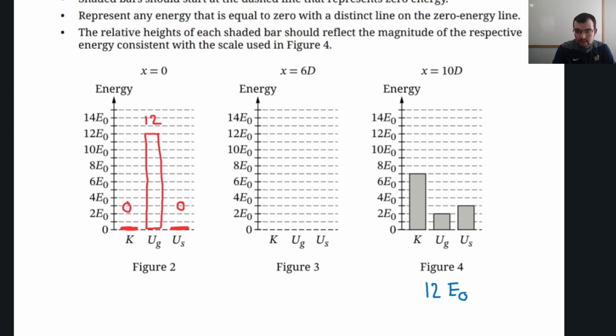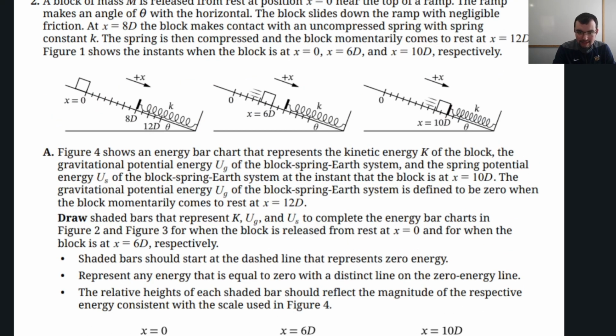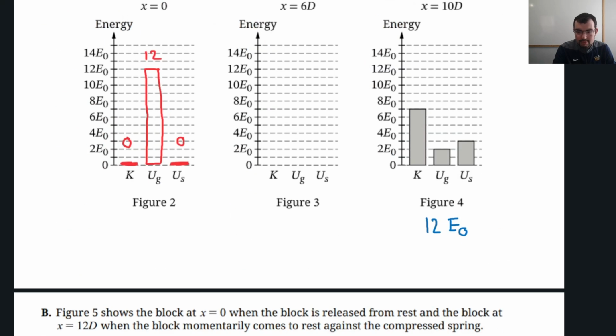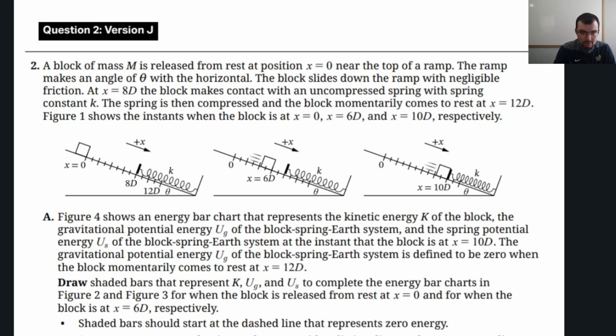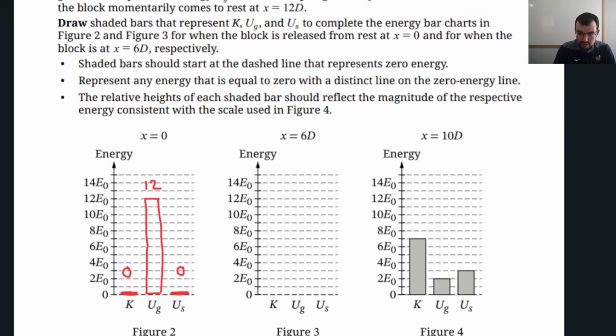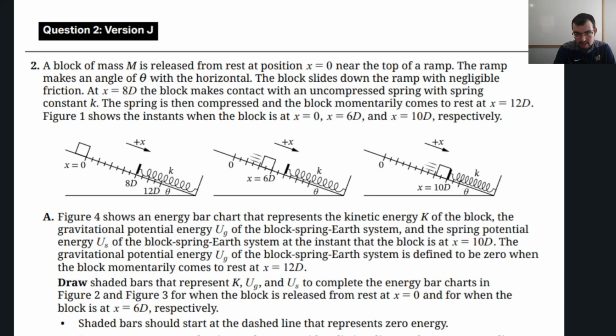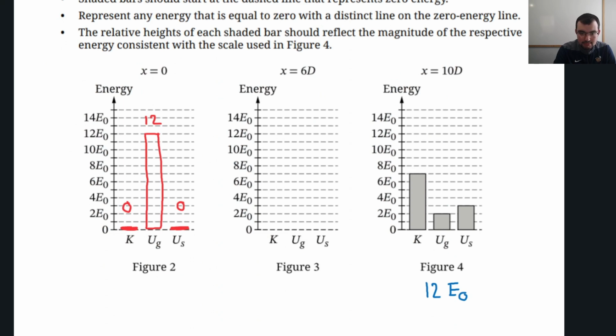Then for figure 3, we're at 6D. So there's actually something nice that happened in this energy chart. So we see that UG is worth 12 when it's 12 ticks above the bottom of the ramp, and it's at 2 when it's 2 ticks. So each tick actually represents 1 bar of UG. So if I'm 6 ticks down the ramp, this means that my UG is just going to be 6 E0.